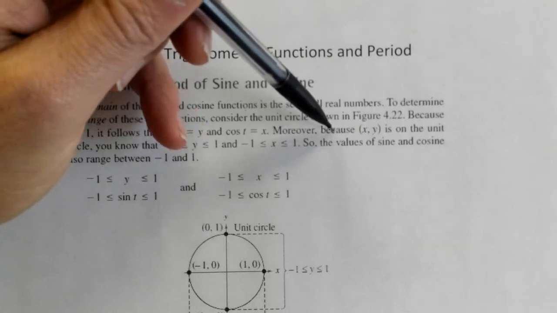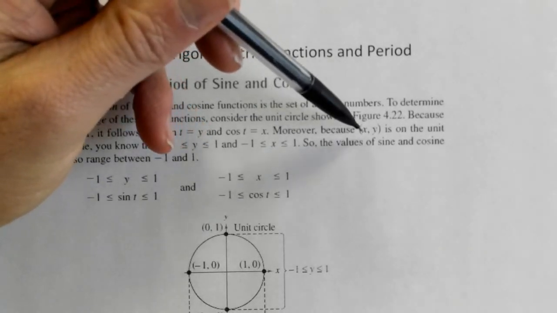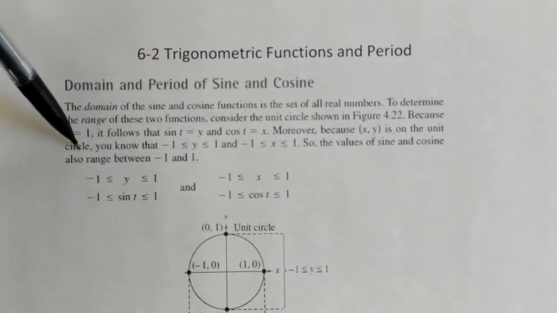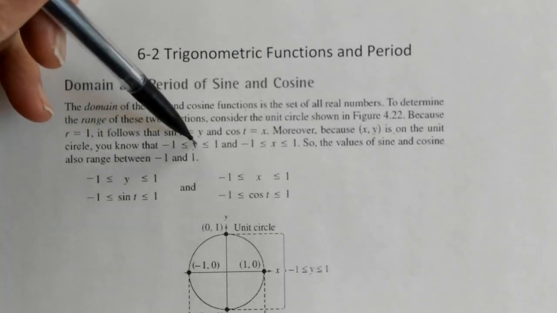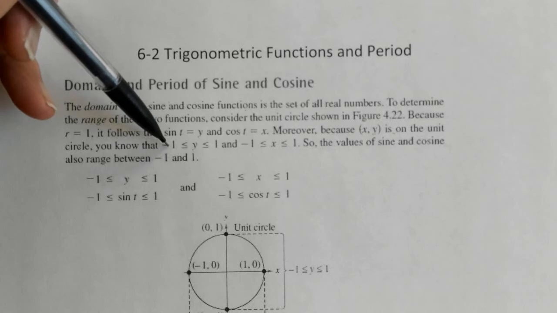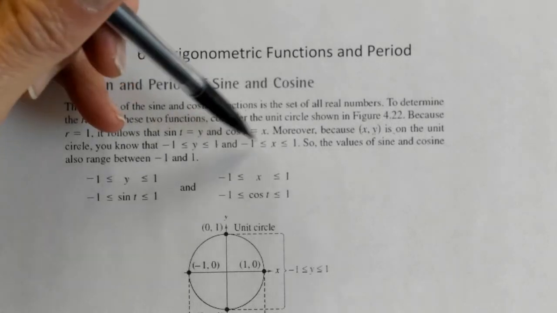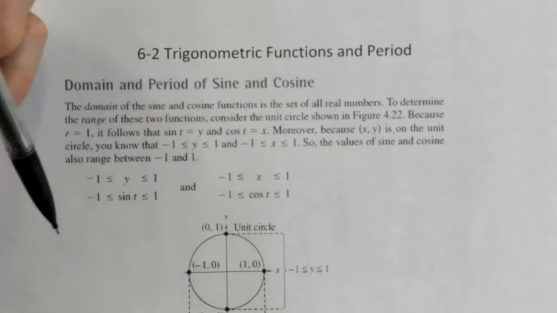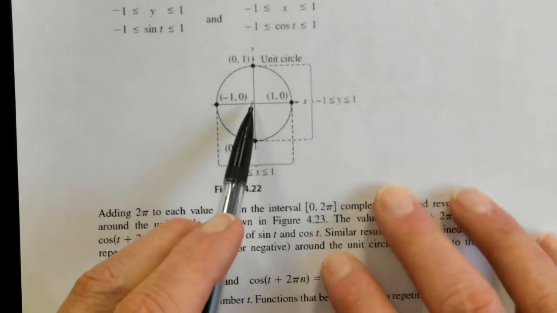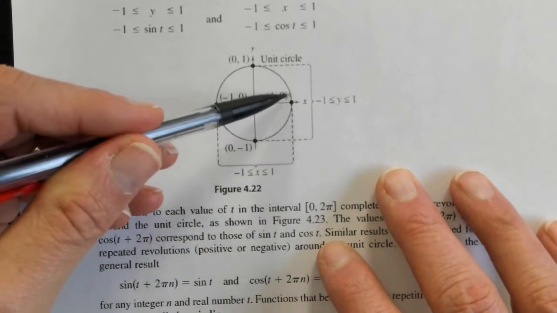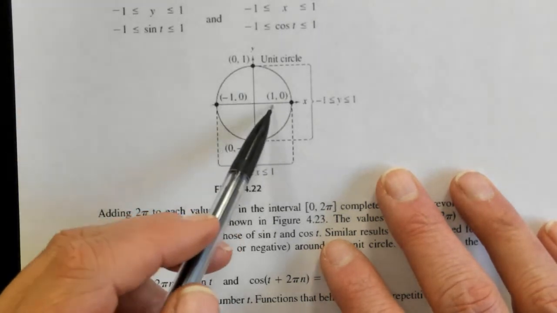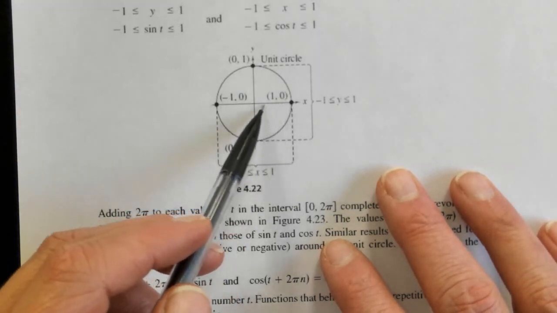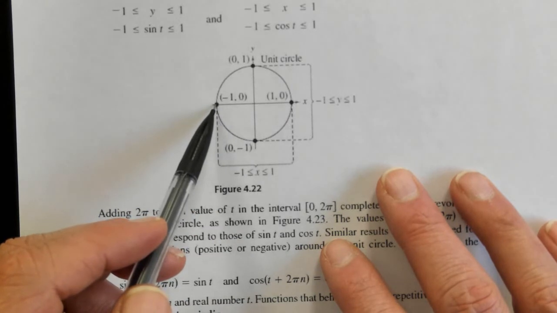However, when we start talking about the range, think about this. Remember this point x comma y is on the unit circle, then you know that the y has got to be from -1 to 1, and the x has got to be -1 to 1. If the point you're using is a point on the unit circle, there's no way that the x value can be greater than 1, or less than -1.